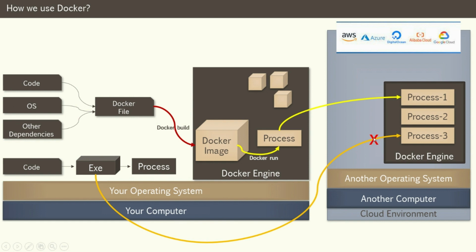So this is not the right approach. When you use Docker, make a Docker file, prepare the image, put it there in the Docker engine and run it. Whereas this path shows that from the code, you create exes and put them there. This is not the right option to host your image into the Docker engine.